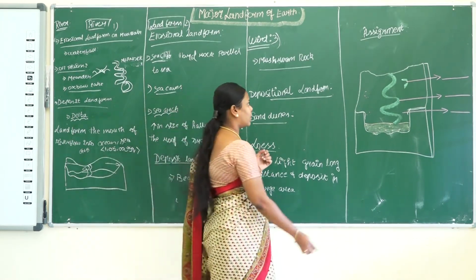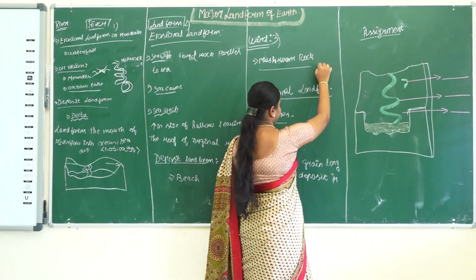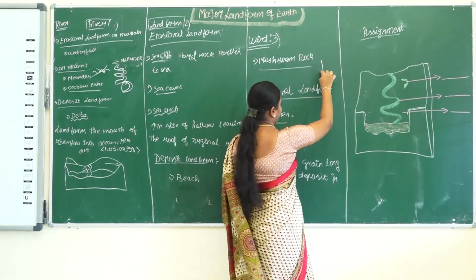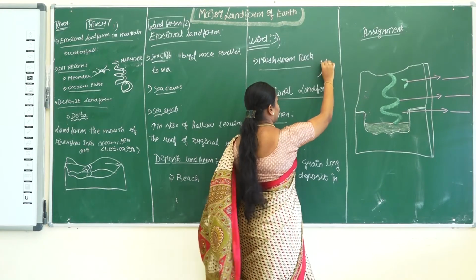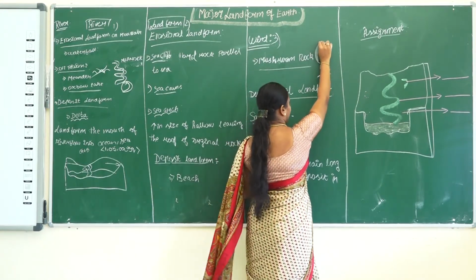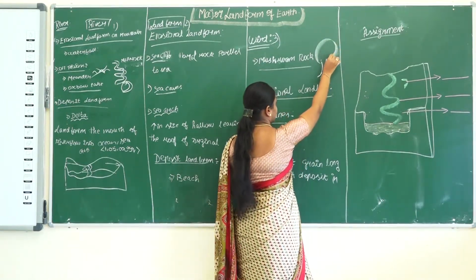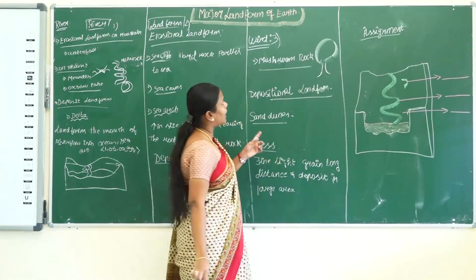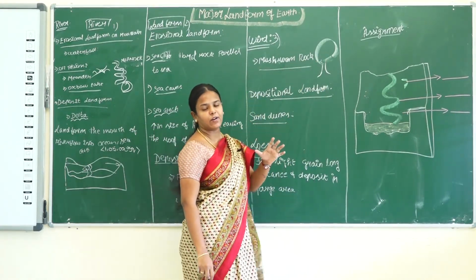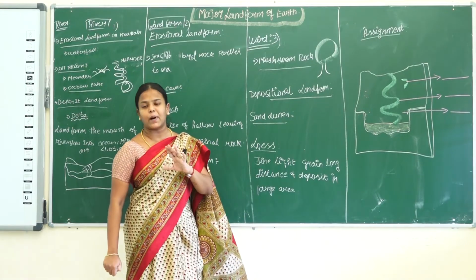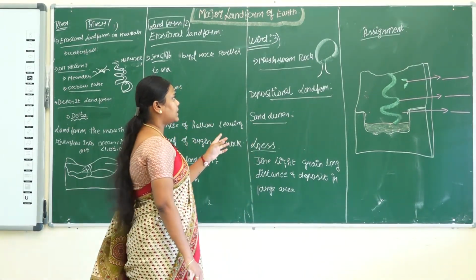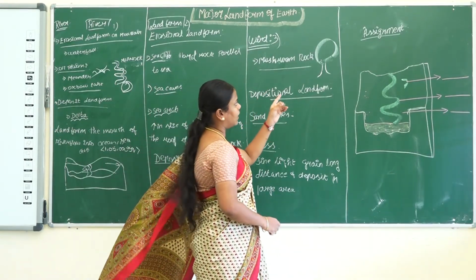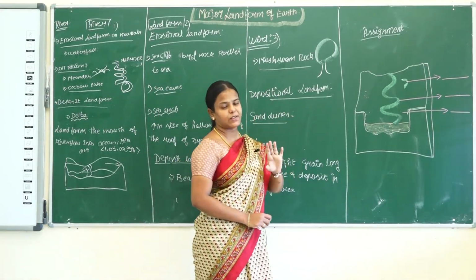As we all know, mushroom rock is narrow at the bottom and the rock on top is bigger in size. This mushroom rock occurs due to wind erosion, where the lighter particles are carried away, so the heavier ones deposit in the form of mushroom rock. The best example is mushroom rock.